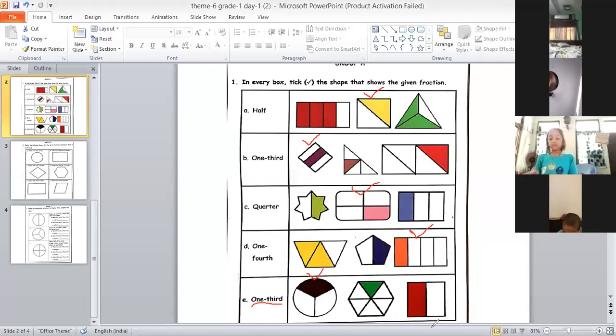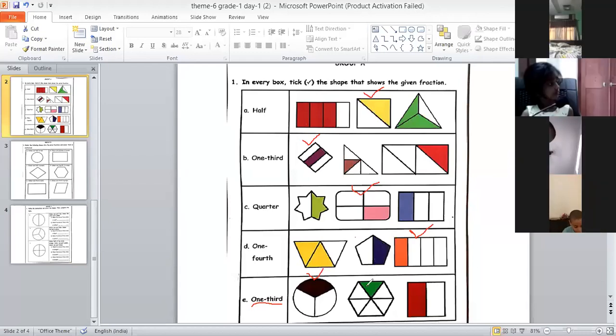Now, Brinda. Yes, ma'am. Now look at the second option in the fifth question, this shape. Tell me, this shape is divided into how many parts, Brinda? 1, 2, 3, 4, 5.